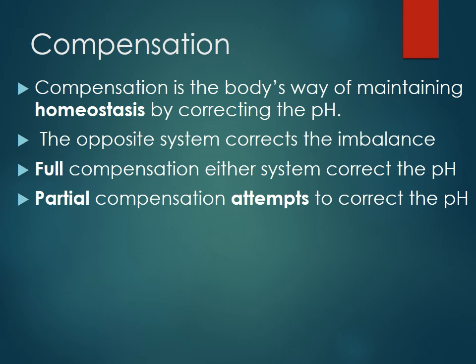Respiratory alkalosis is compensated by metabolic acidosis. If you're breathing so fast that it ends up with a CO2 that is decreased and a pH that is increasing, the kidneys will attempt to decrease the pH by eliminating bicarb, or HCO3. Metabolic acidosis is compensated by respiratory alkalosis.